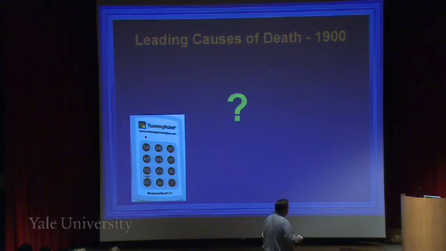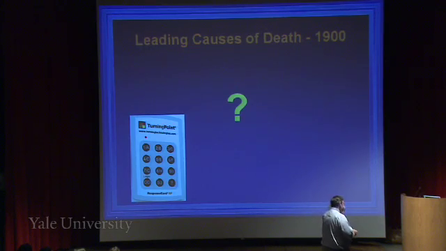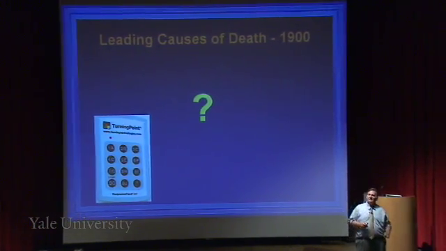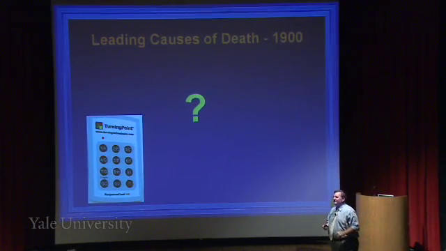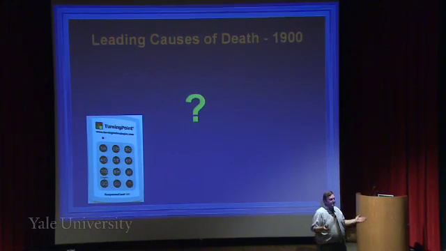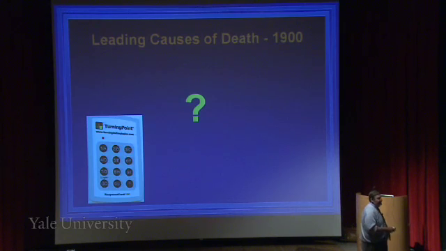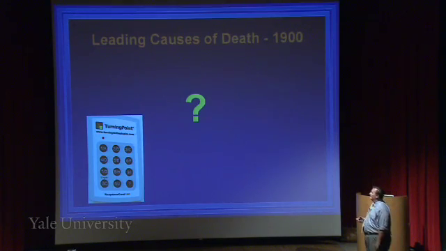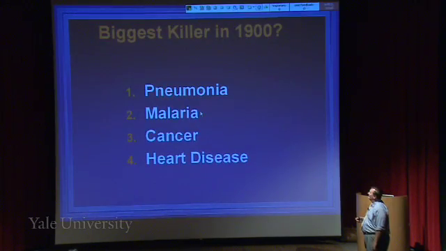Okay, so I'd like to talk about the leading causes of death, and we'll compare leading causes of death in 1900 to leading causes of death today. It's possible that the causes of death are the same, it's possible they've changed, but we'll see. So this will be the first time I've used the clicker thing in the class, so let's try out this little quiz and see how it works.